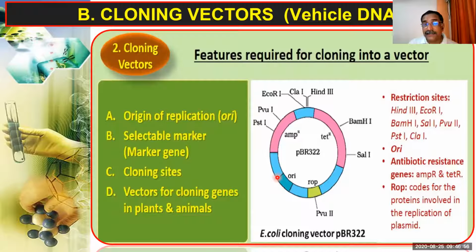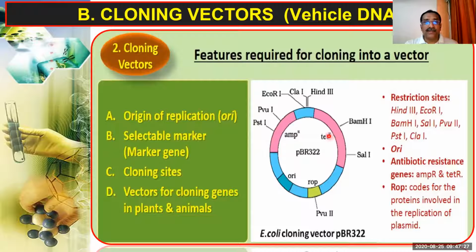Second, they should have a certain marker gene. A marker gene is the gene representing the antibiotic resistance. If you observe over here, this is one antibiotic resistant part, and this is another one.